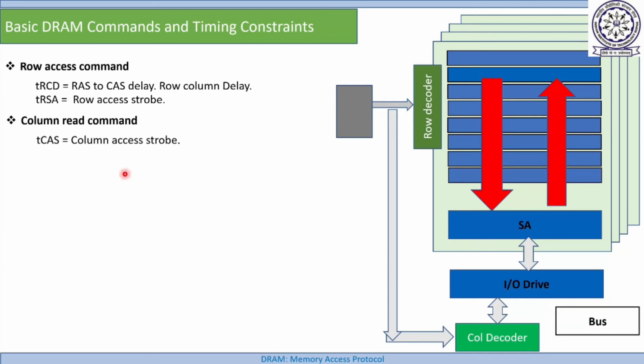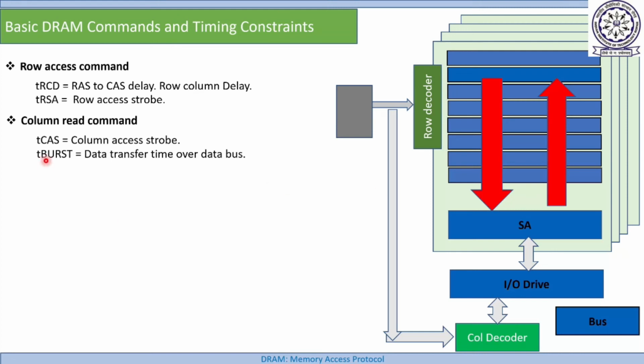This time is called tCAS, column address strobe. And once the data is available, sending the data through the data bus takes tBUS time. This tBUS time is the data transfer time over the data bus. Any data you want to transfer through the bus, from the device to the controller or from the controller to the device, will take tBUS amount of time.